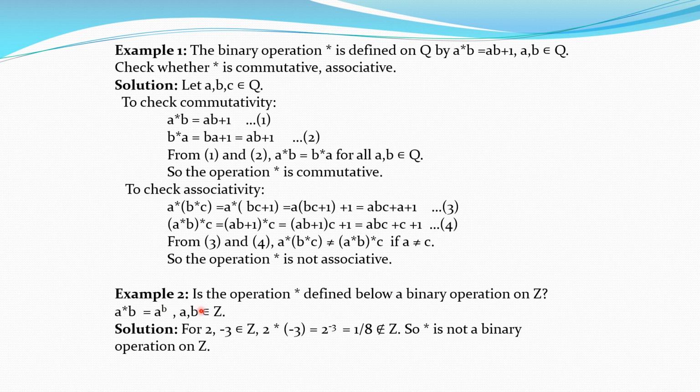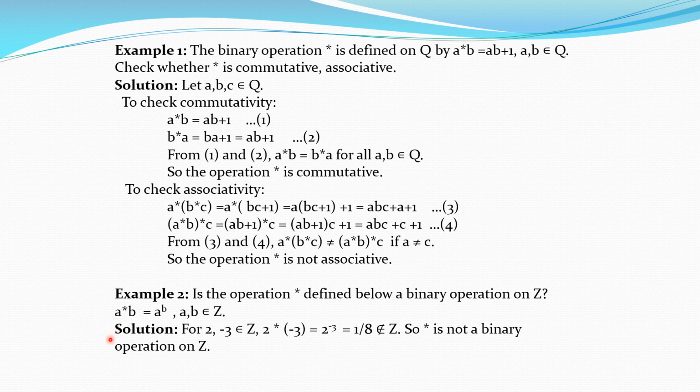Now to check whether it is a binary operation, we have to take two elements a, b in Z. For a, b in Z, just check whether a star b, which is a raised to b, is a unique element of Z or not. Now, if both are positive, that means a is positive and b is positive, then that is an element of Z. But the problem comes when b is a negative integer.